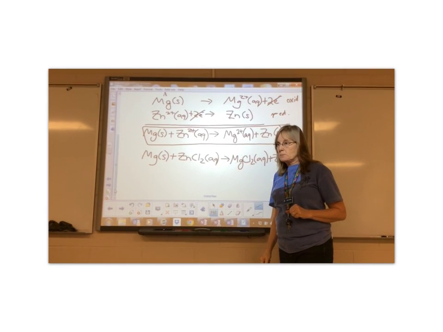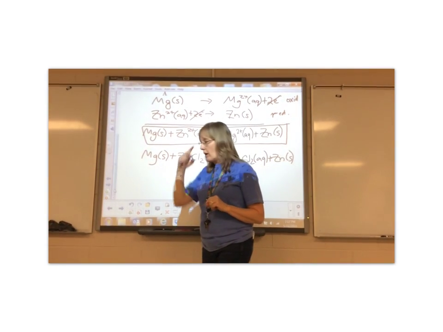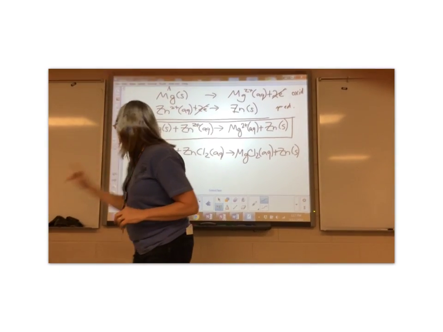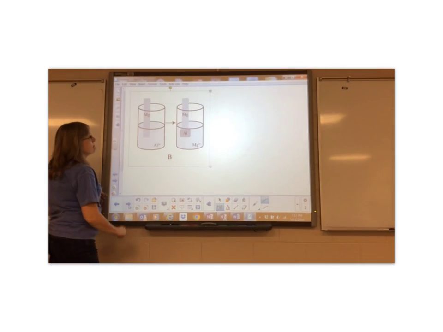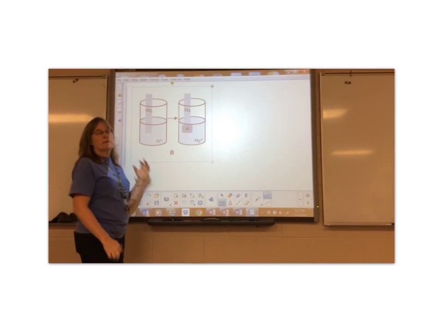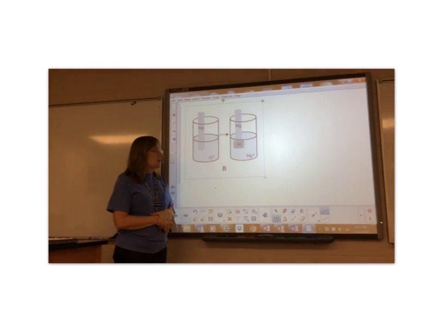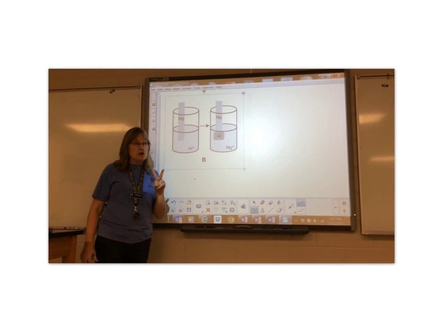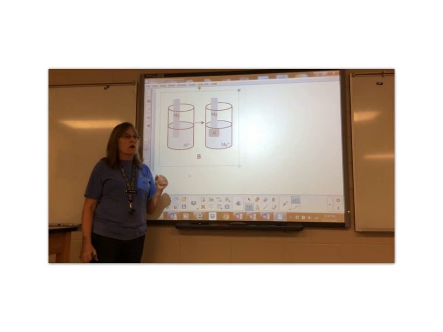All right? So I want to do one more thing real quick. Let's look at the second reaction, where we have magnesium in an aluminum solution. And we are going to write the two half reactions for this, and then we're going to balance them.